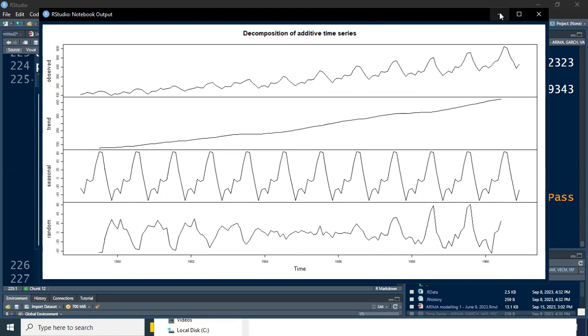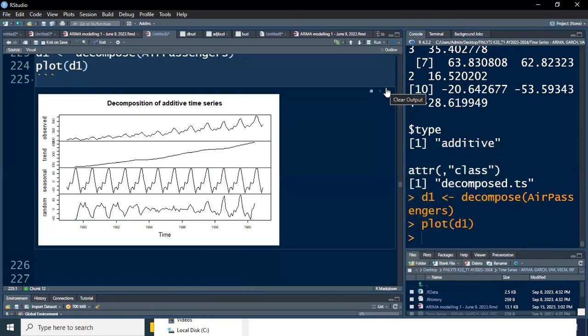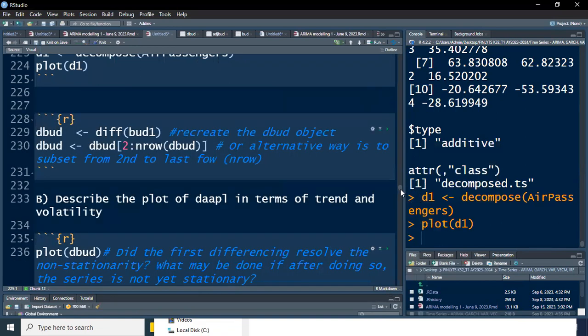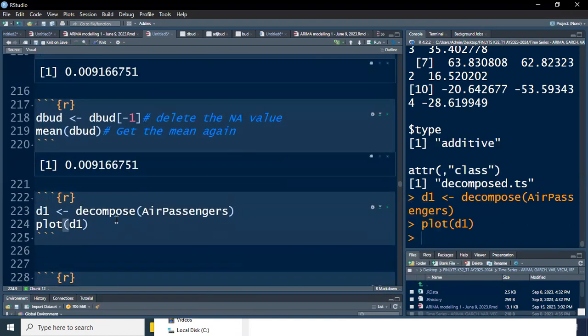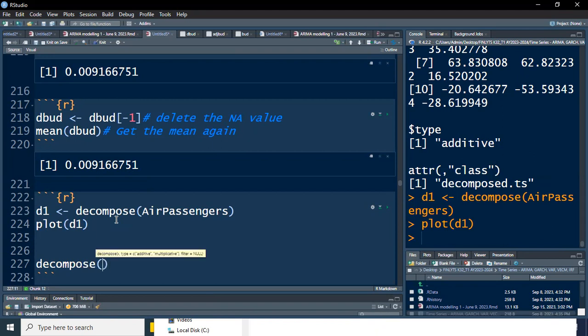But our object earlier, D1, okay? What is our object? It's dbud. Okay. Let me see if it will work here. Decompose. What is its name?